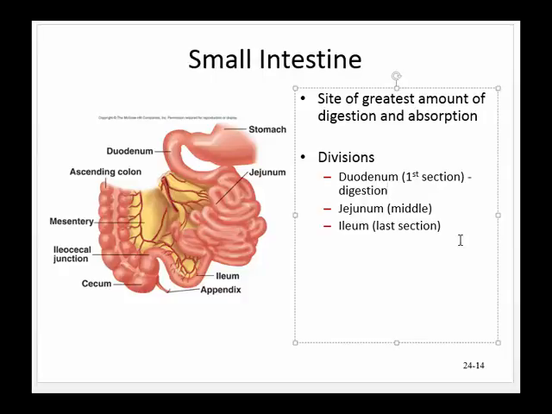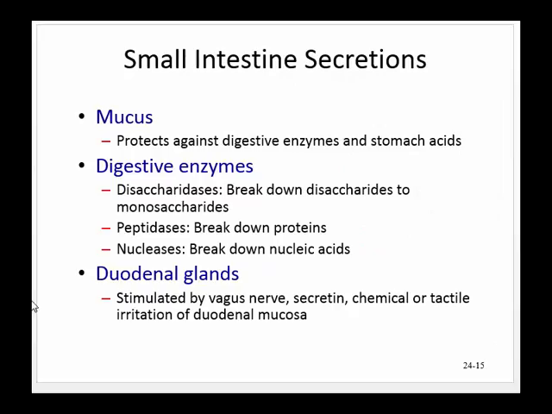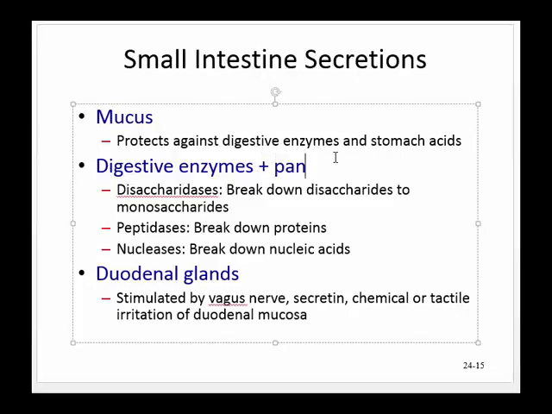And so when we think about the digestion that can occur within the small intestine, I'm just going to go to the next slide here. The small intestine is capable of breaking down all of our food groups, especially with the addition of the pancreas. So we'll add this and pancreatic juices.